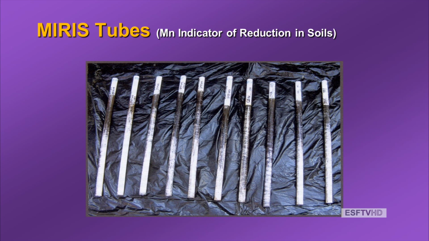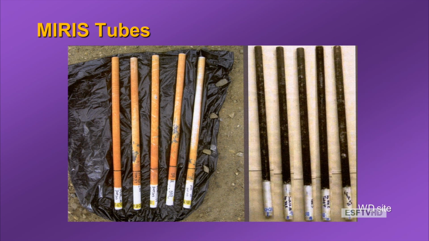And we go back and remind you that these were placed in the situation of that picture from Montezuma, this wetland. Here, side by side, the MIRIS tubes and the IRIS tubes. Now, if we go to a well-drained site, look at the difference.